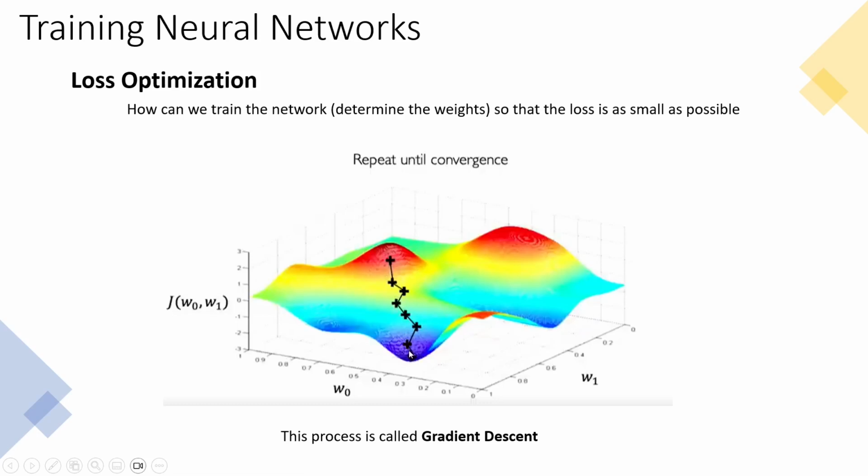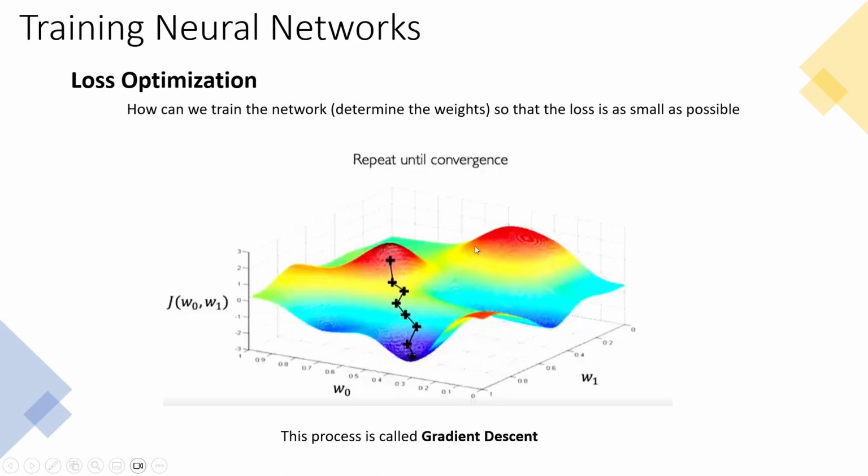Once we cannot move down anymore, that means we are at a minima. That doesn't necessarily mean it's the global minima. It may be a local minima as well. We could end up here, or we could end up here as well. Therefore, we don't just rely on one point because that was a randomly picked point.